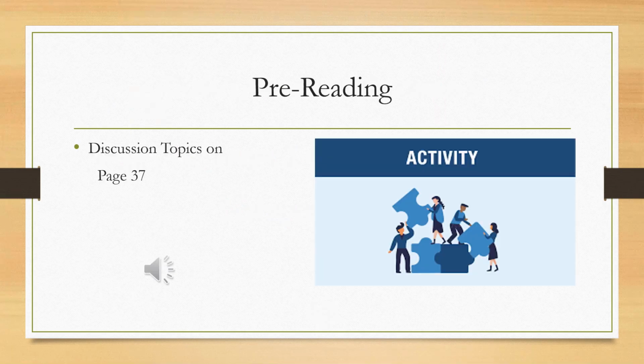Before we actually start reading the passage, I would like you to go to page number 37 and look at the discussion topics which are given as pre-reading. Page 37, pre-reading. So there are discussion exercises before we begin reading.